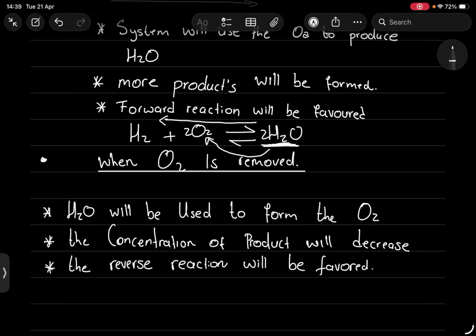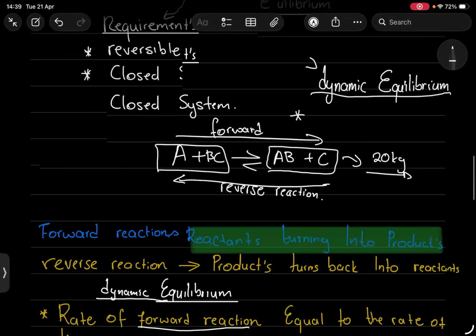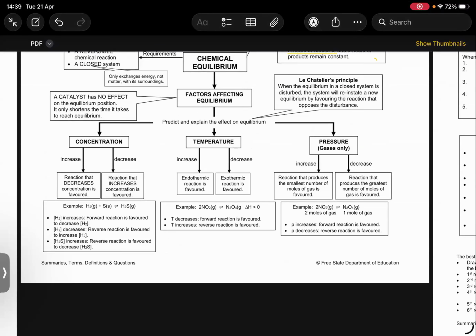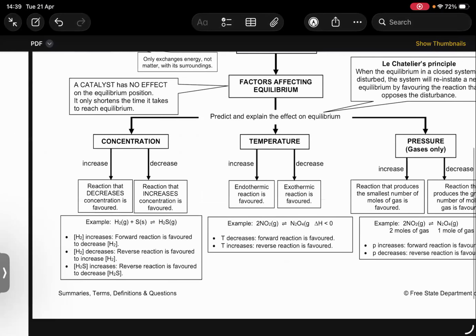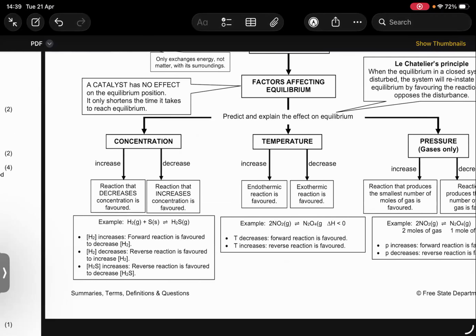Do you see that? So let's go to our script and see what's going to happen when we talk about the concentration. So check, okay? They're saying if you increase the hydrogen, the forward reaction is favored. Do you see that? Because of why? If you increase this one over there, you're going to have more of this H2S.